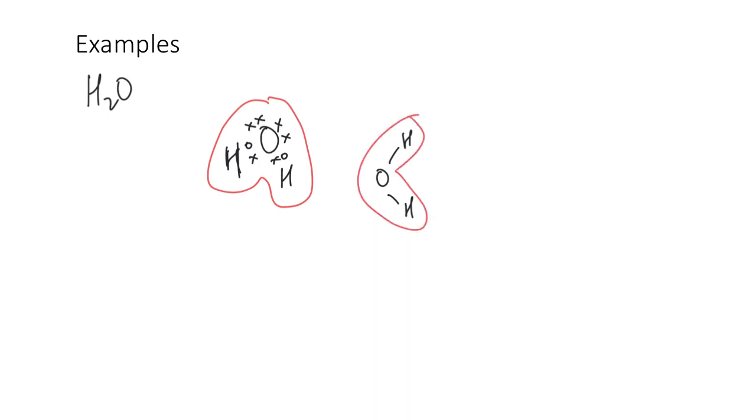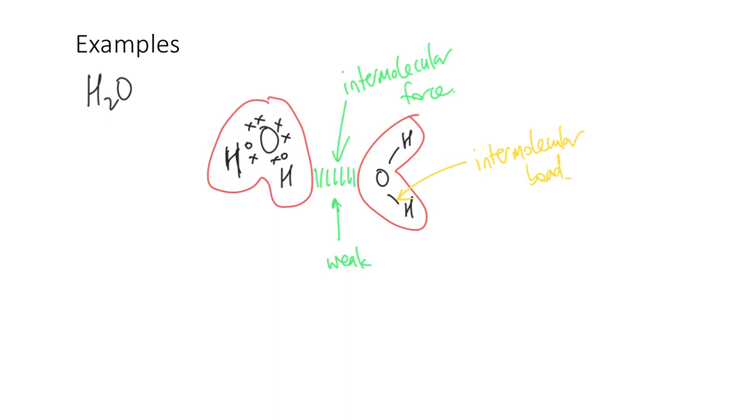To break this bond between them, this is an intermolecular force. This is a van der Waals force. Is this very strong or weak? It's very weak. But to break this bond here, this is an intramolecular bond, and this is very strong.